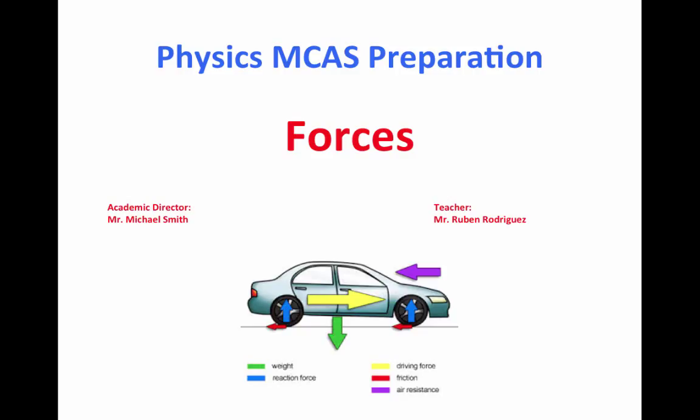For example, in yellow, it is the motion force from left to right. In red, the friction force in opposite direction to the motion force. In green, the weight made by the gravity.